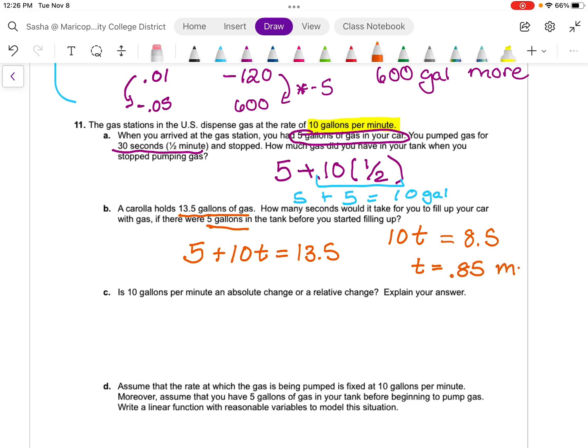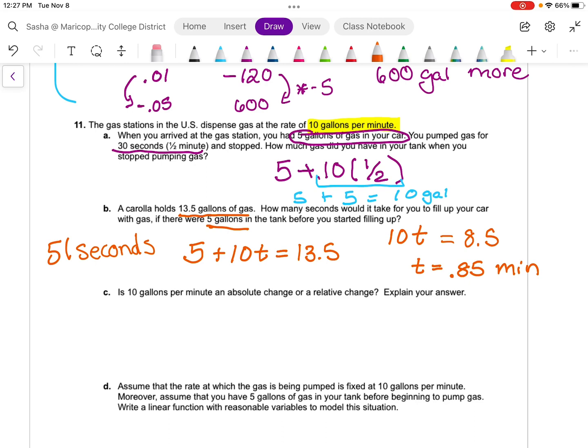Now that's minutes. That doesn't mean a lot to me. So if I wanted to turn that into seconds, I would need to multiply 0.85 by 60, and I should get around 51 seconds. That's one way to go about doing this. I find the equation just as helpful to me, and it actually comes back later on.